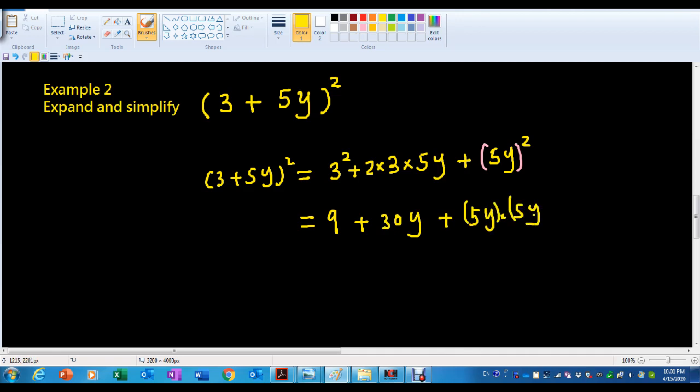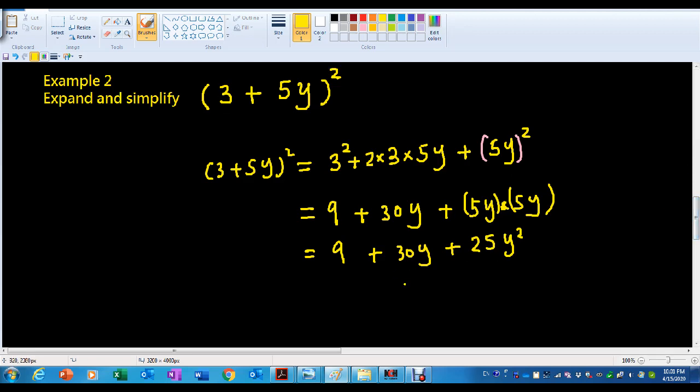If you like brackets, you can add them. For this one, because it's multiplication, you multiply 5 with 5, that's 25. You multiply y with y, that's y squared. So that would be the case.